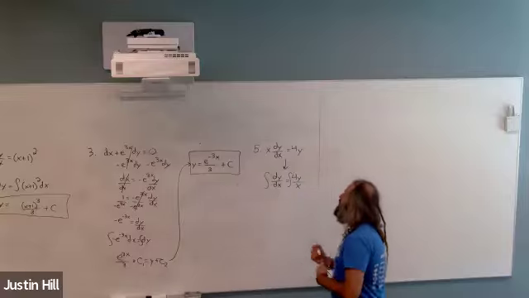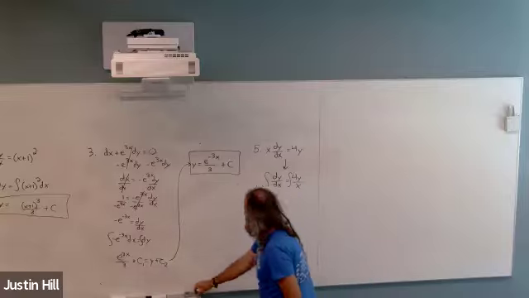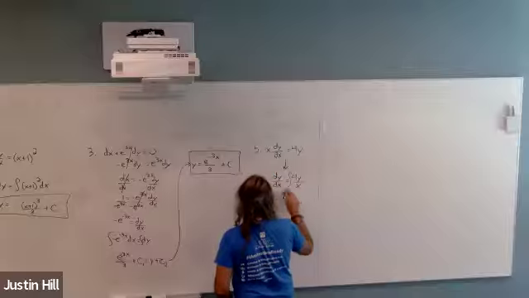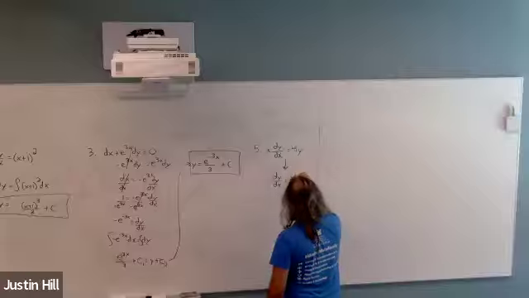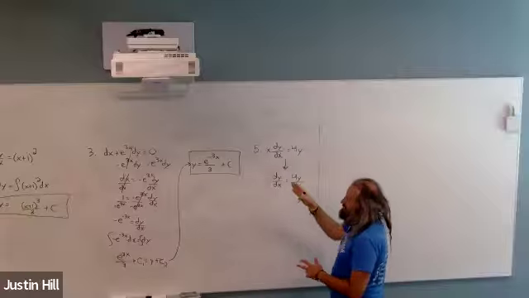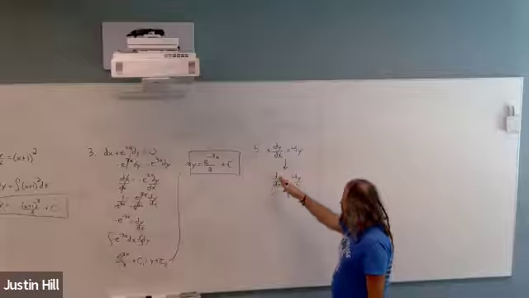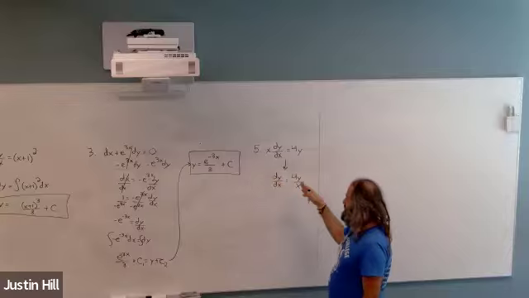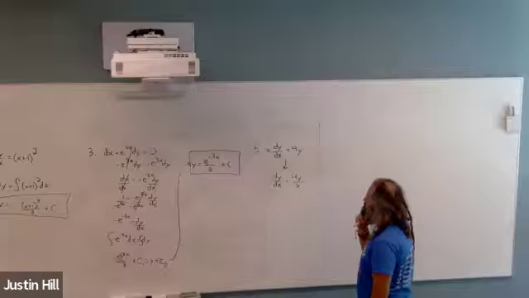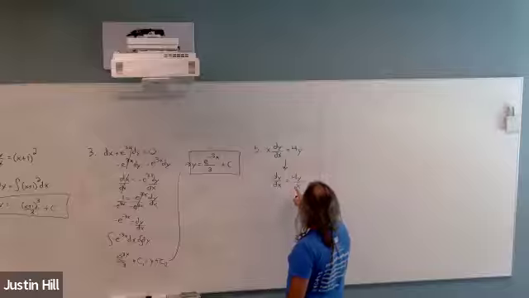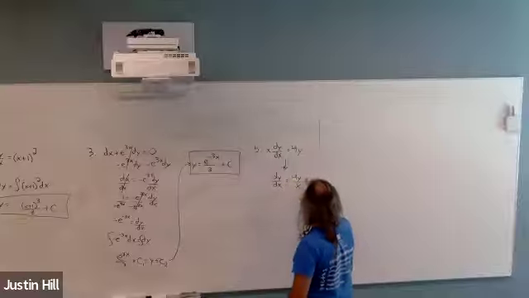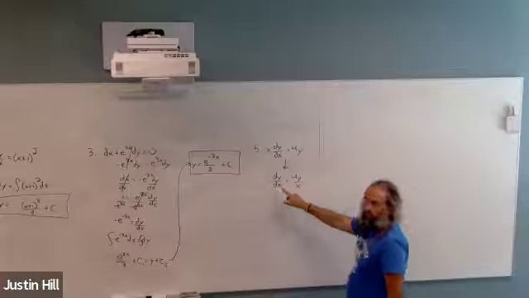So instead of stopping here, let's do what we did on the last one. Let's get the dy with the y's, and the dx's with the x's. A little rearranging: I want the dx up here, so I multiply by dx, and I divide by 4y to get it down here.